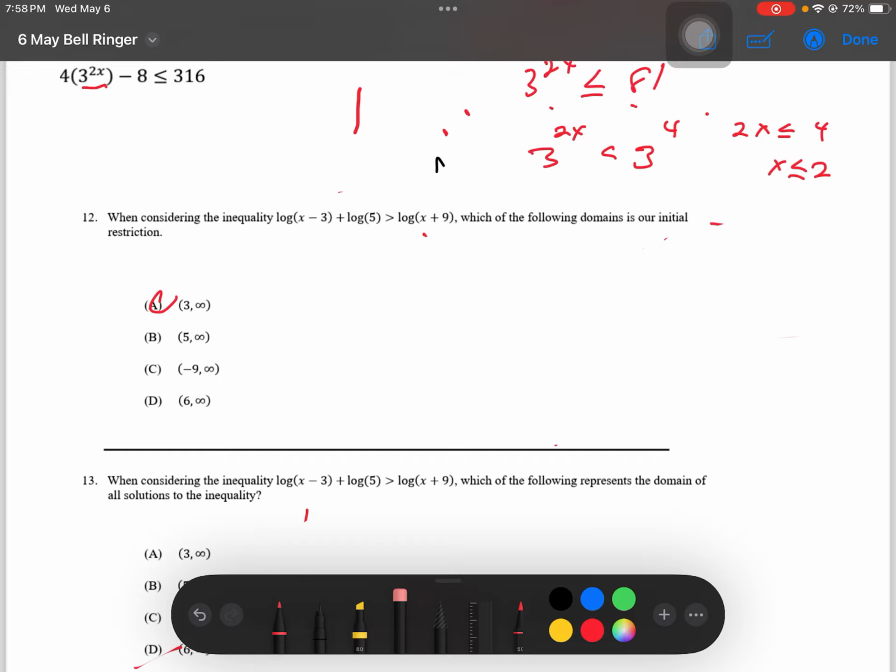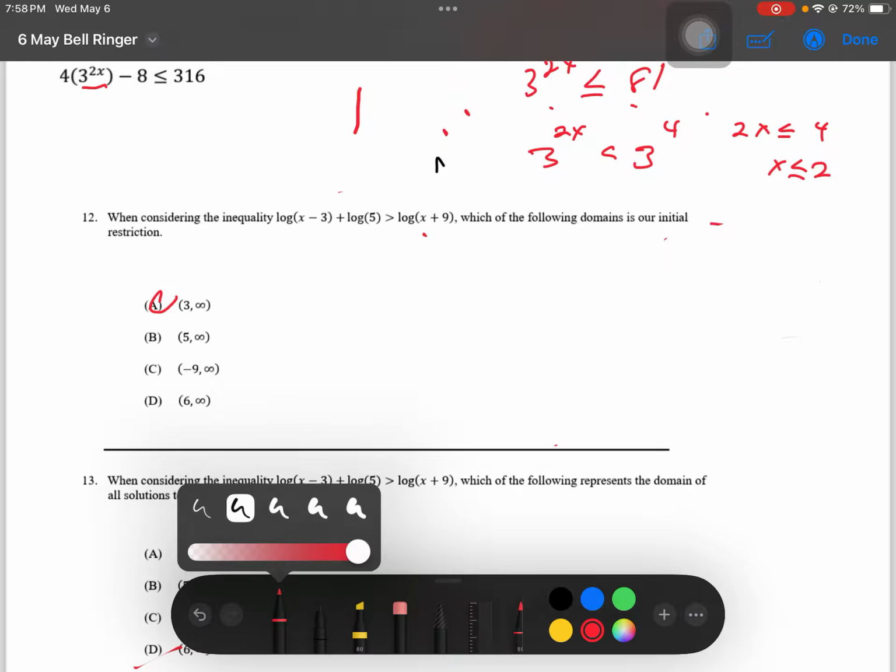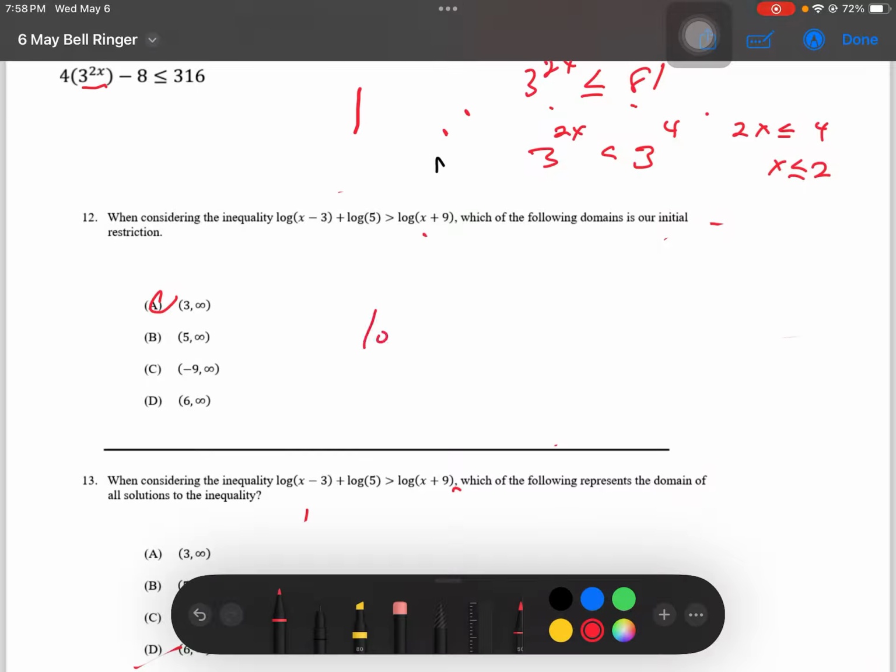Simplify this expression: log base 2 of 32 plus log base 3 of 81. What is that equal to?